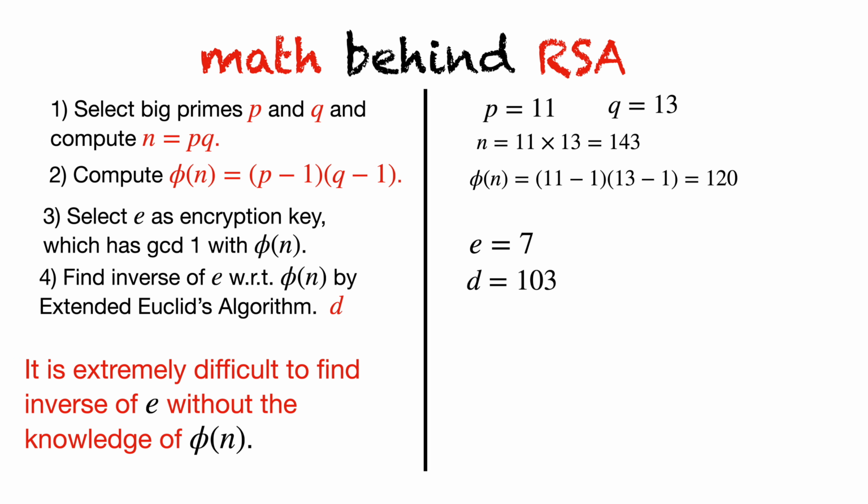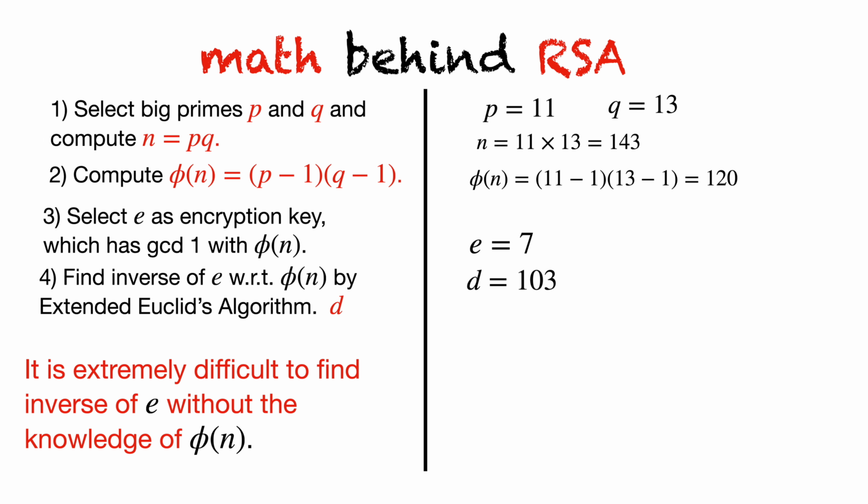Now the catch is that it is extremely difficult to find the inverse of e without the knowledge of phi n. So if I am generating these public and private key pairs, I will not tell the values of these primes p and q.